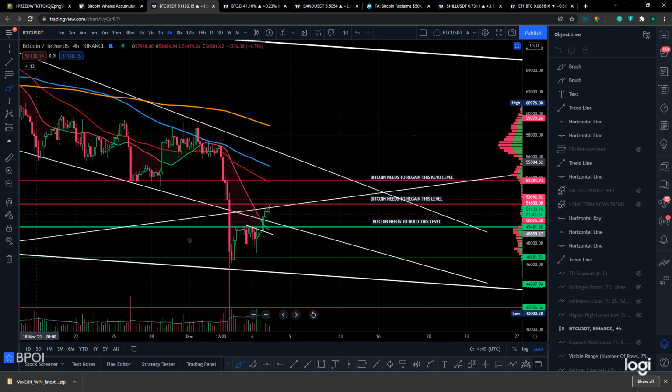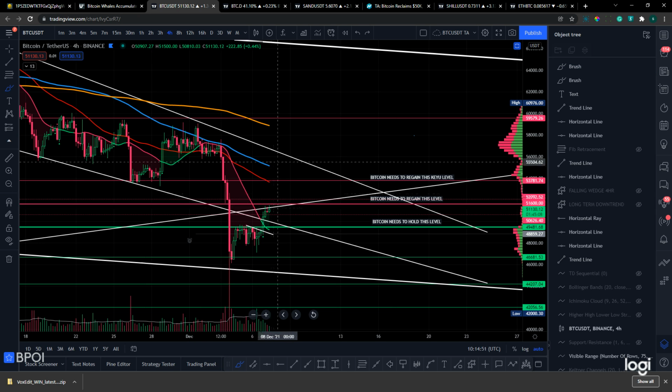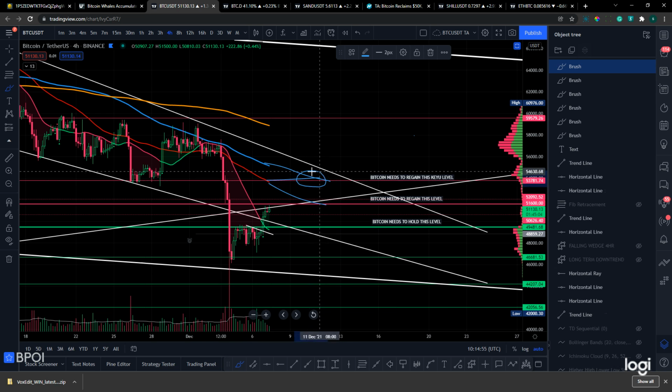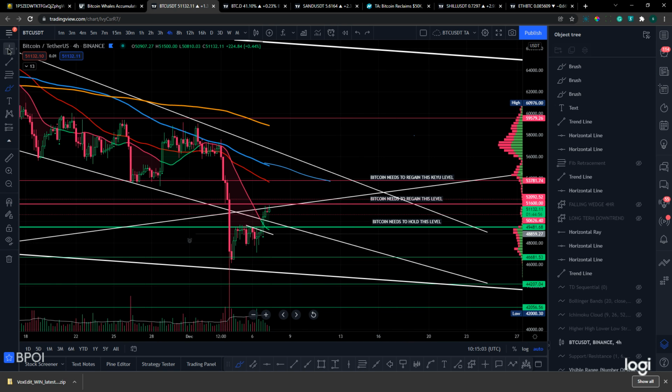If I close this down, we can see it here, the 50 and the 100 acting as resistance. So this becomes an area where Bitcoin is going to struggle to break through unless there's a huge amount of volume, and we're just not seeing the volume at the moment. So this level becomes even more critical.